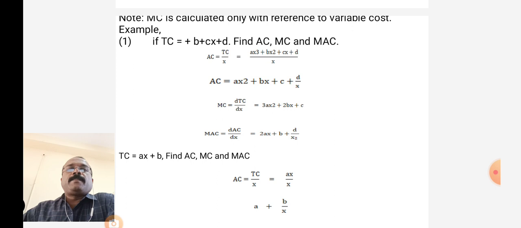This is the question that will appear like this in the examination. If TC equals ax cube plus bx square plus cx plus d, then find average cost, marginal cost and marginal average cost. That is very important.